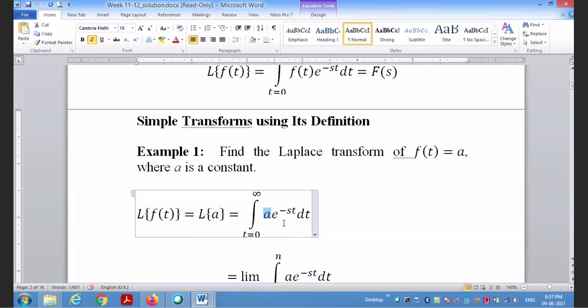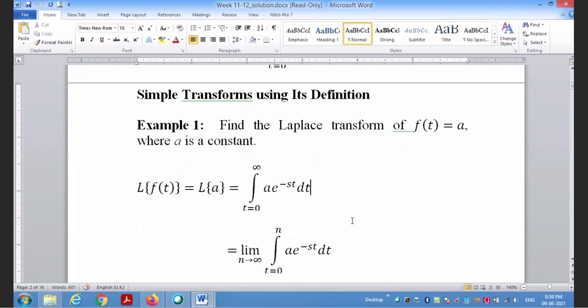Replace f(t) with a. Now, of course, we cannot substitute t with infinity, because this is just a big number. We don't know what infinity is. That's why we have to use the concept of limit.